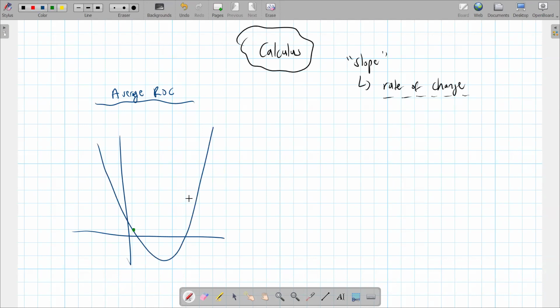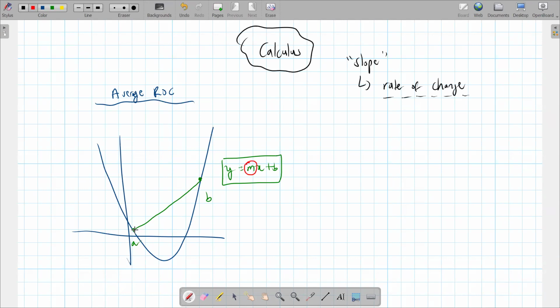You have one point A, you have another point B. We connect them using a straight line. This line will have an equation in the form of y equals mx plus b. What we're interested in when we're finding the average rate of change is this m value, which would be the slope of this line that connects these 2 points.